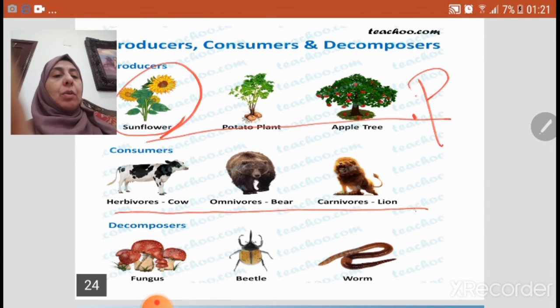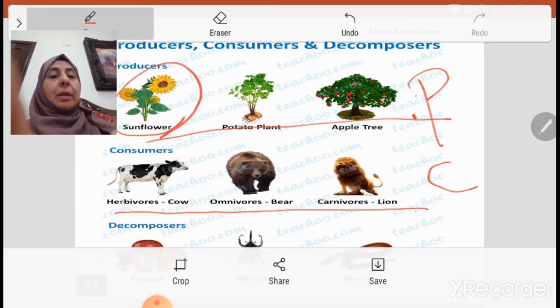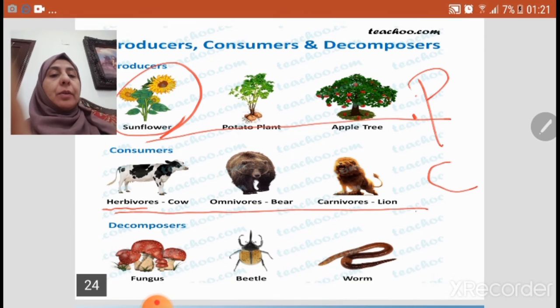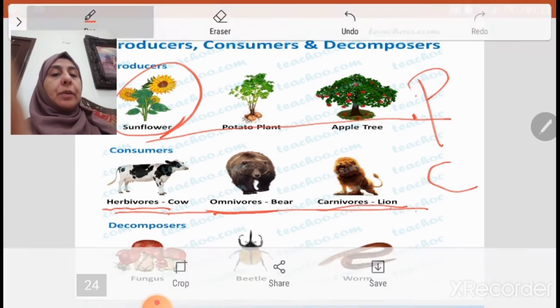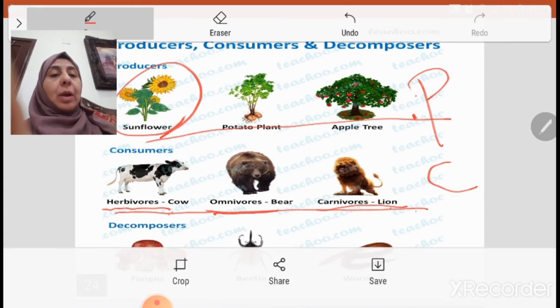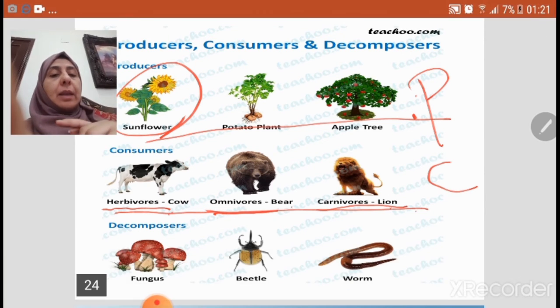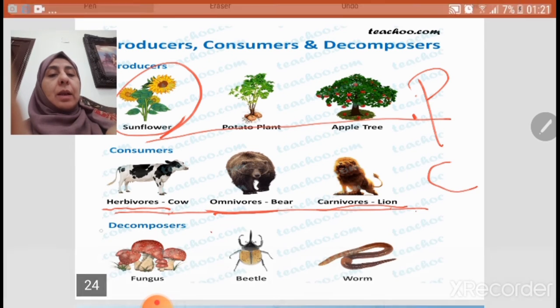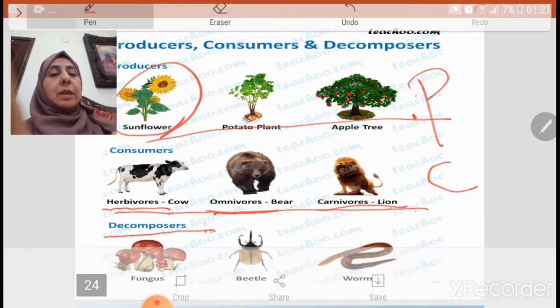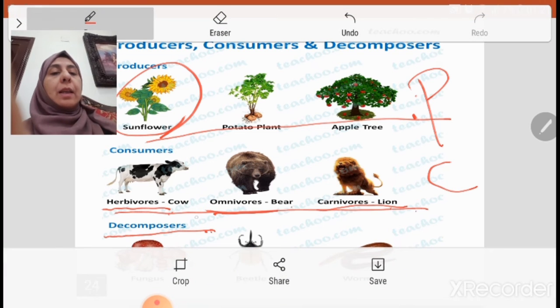Here all of these are consumers, but as you see, we have herbivores, omnivores, and carnivores. Herbivores eat plants only, while omnivores eat both plants and animals, like us. Finally, carnivores eat only animals. Okay, the last type is the decomposers.